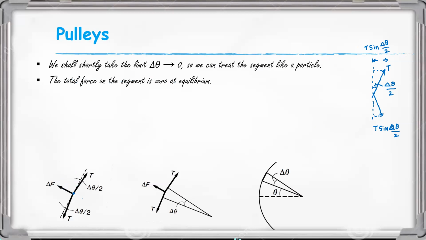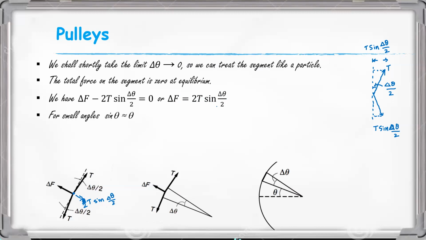Here, the force acting in this direction is denoted as T sine delta theta divided by 2. From that, delta F minus 2T sine delta theta by 2 is equal to 0, or delta F is equal to 2T sine delta theta divided by 2.